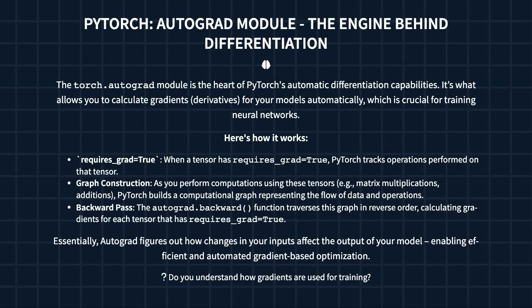Okay, let's talk about autograd. It's a really important part of PyTorch. Think of it as the engine that drives gradient calculations. When you set requires_grad=True on a tensor, PyTorch starts tracking everything you do with that tensor. As you build up your model and perform operations like multiplying matrices or adding values, PyTorch automatically builds a graph showing how all those things are connected.